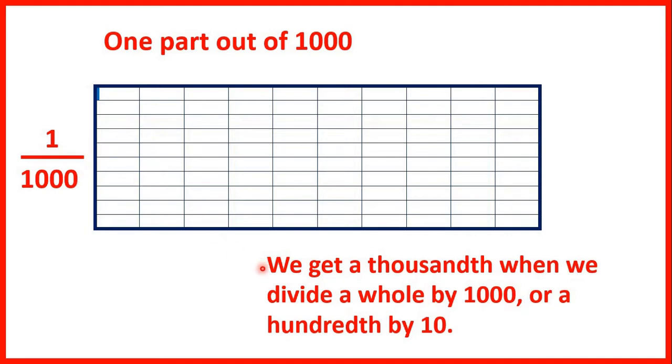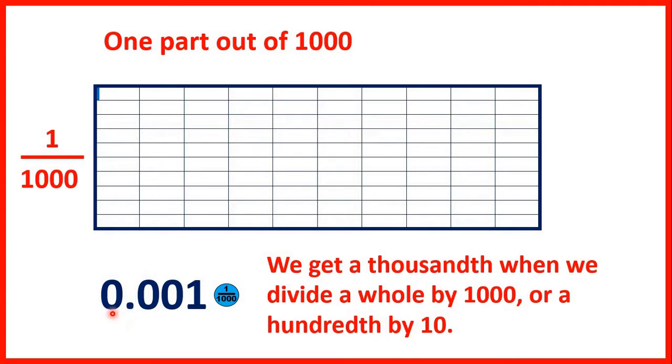So we get 1,000th when we divide a whole by 1,000 or 100th by 10. So each of these little rectangles are still showing 1/100th, and if we have just a tenth of that, we have 1,000th. So the 1,000ths digit is the third digit after the decimal point.